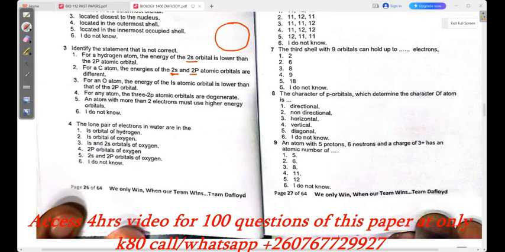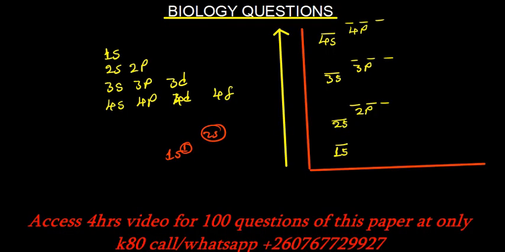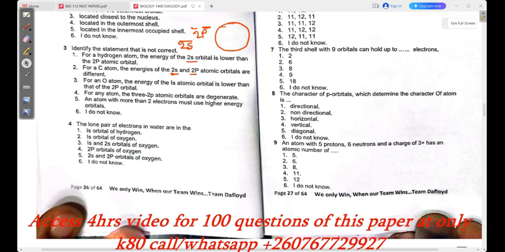The energies of the 2s and the 2p atomic orbitals are different. This is true because from this we said that the 2s will be slightly lower than the 2p. So the 2p is going to have higher energy as compared to the 2s, as this diagram explains. So they have a different energy within the same shell. So that is a true statement.